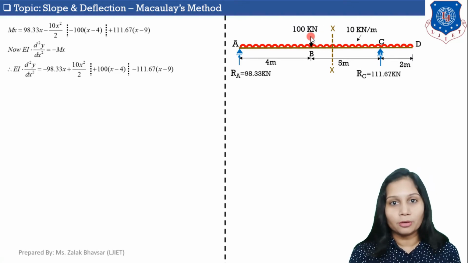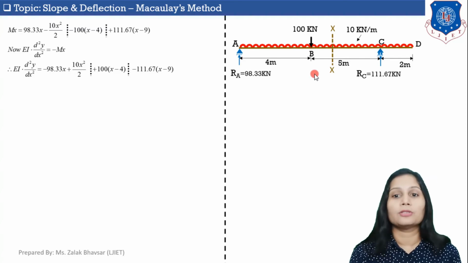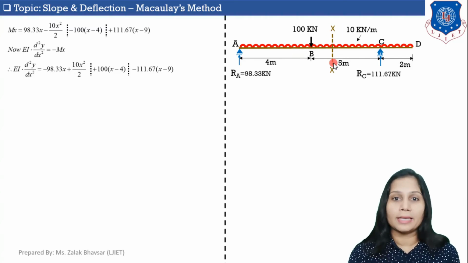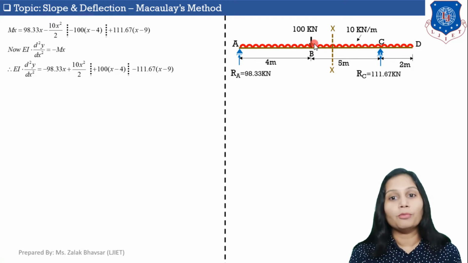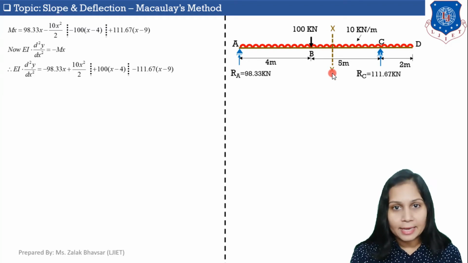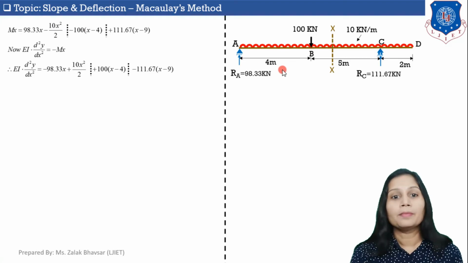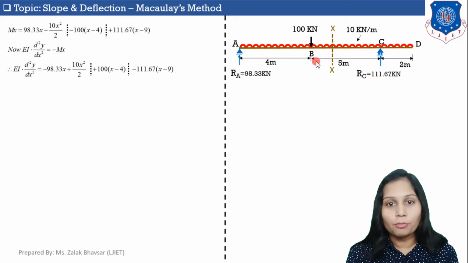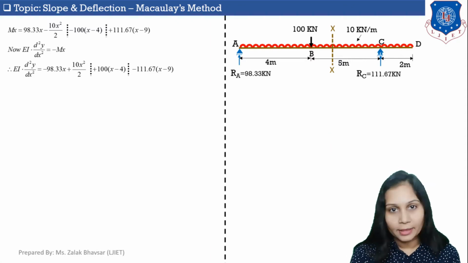This point load is acting in a downward direction, so it will generate anti-clockwise moment about this section line XX, and moment of this 100 kilonewton load about this XX line will be 100 into distance between B and this section line XX, which is equal to x minus 4. Okay, and I am putting minus sign over here, which indicates the moment is in anti-clockwise direction.